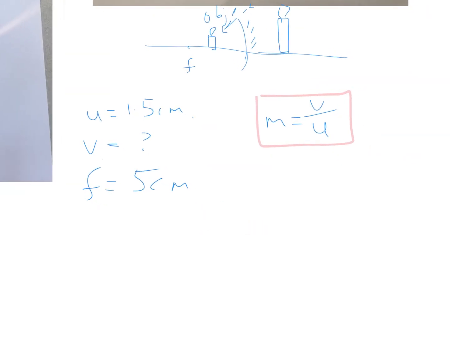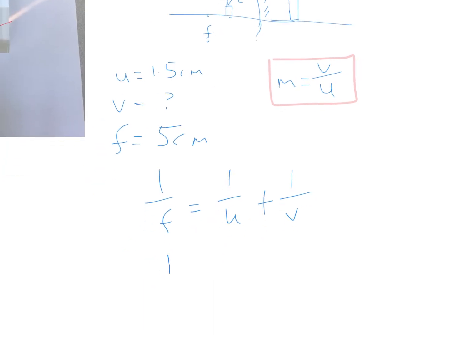Okay, so if we're trying to find V, to fill it into this formula, we already know U. If we want to find V, I know a formula that will help us out. It's the only other formula we know for mirrors. It's 1 over F is equal to 1 over U plus 1 over V.